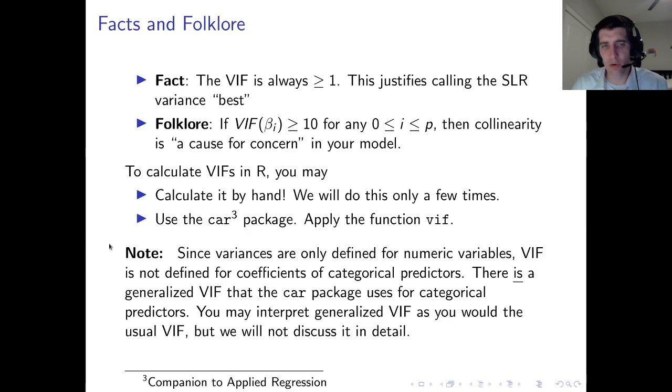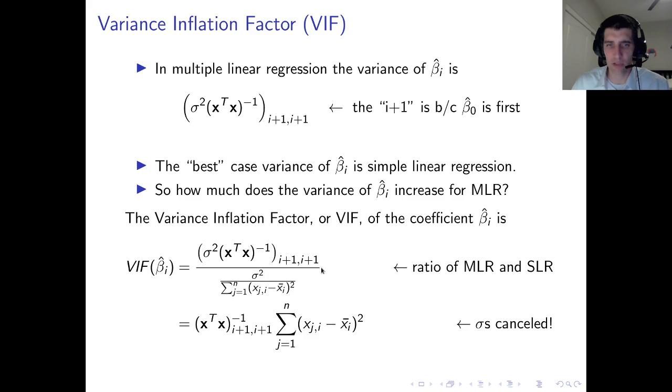I will make a small note here, but please pay attention to this note. Variances are only defined for numeric variables. Okay, so note this, right? If I take the variance inflation factor and these x's are categorical, so when I have binary predictors, as we discussed two lectures ago, where we're coding our categories, the VIF loses its valid interpretation.